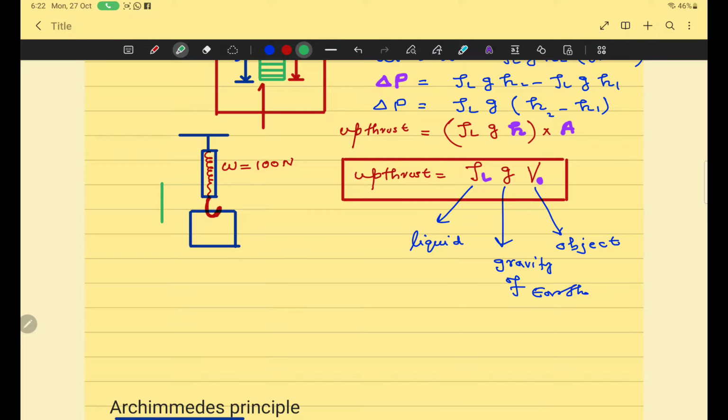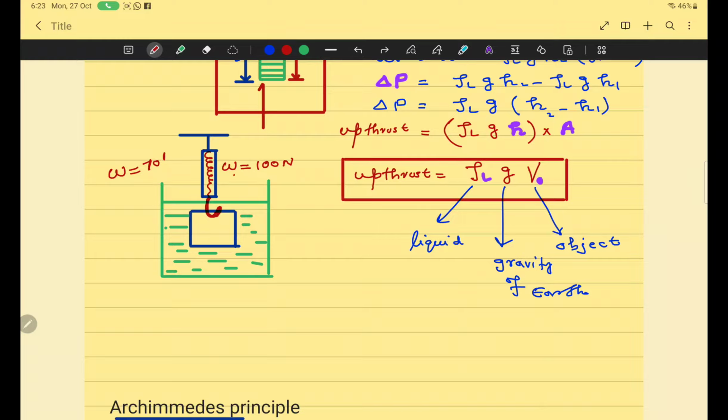But if I immerse this block in a liquid, consider this beaker is filled with water and the block is totally immersed in the water. When I measure the weight of the object in water, consider the weight is now 70 newton.